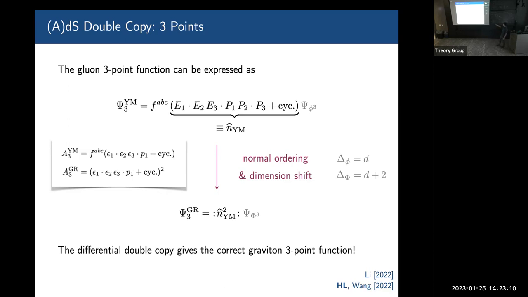We also have to shift the dimension of the seed function. The reason is that gravitons and gluons have different dimensions, so you have to account for this overall dimension by changing the choice of the seed function. But once you have gone through this procedure, it turns out that this gives the correct graviton treatment function in dS and AdS.